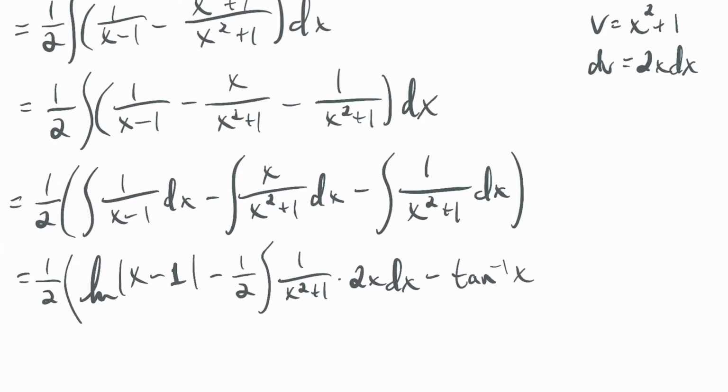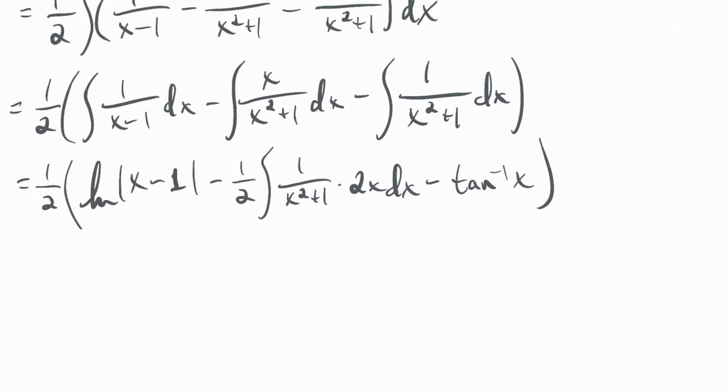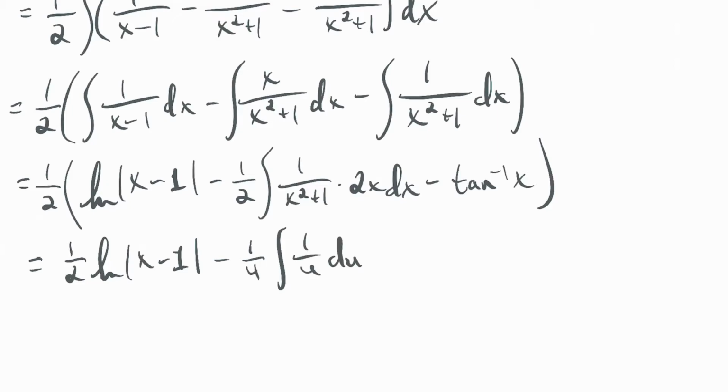And I don't need the plus c yet, because I'm not done finding antiderivatives. I'll do the plus c when the last integral is turned into its antiderivative. So this will be 1/2, which I could distribute now. In fact, I will do that. So 1/2 ln absolute value of x minus 1 minus 1/4 times the integral of 1 over u du minus 1/2 tangent inverse of x.